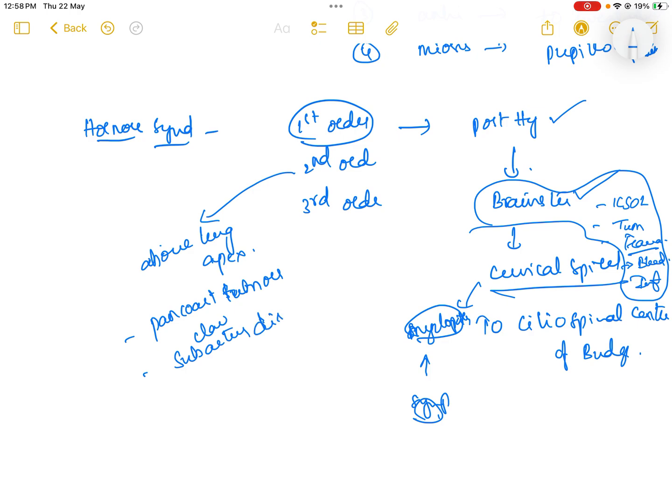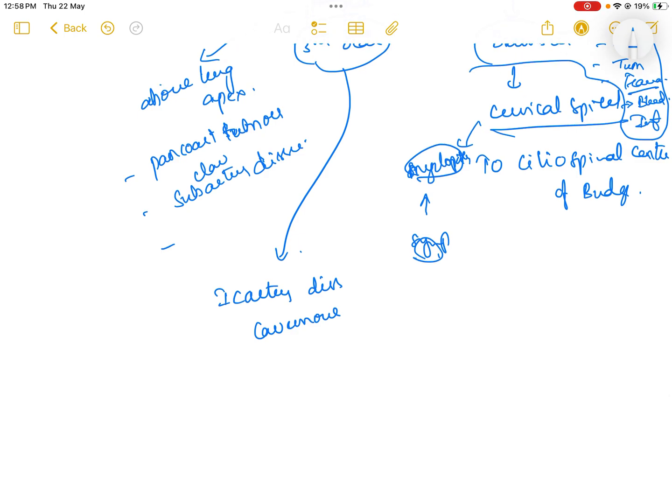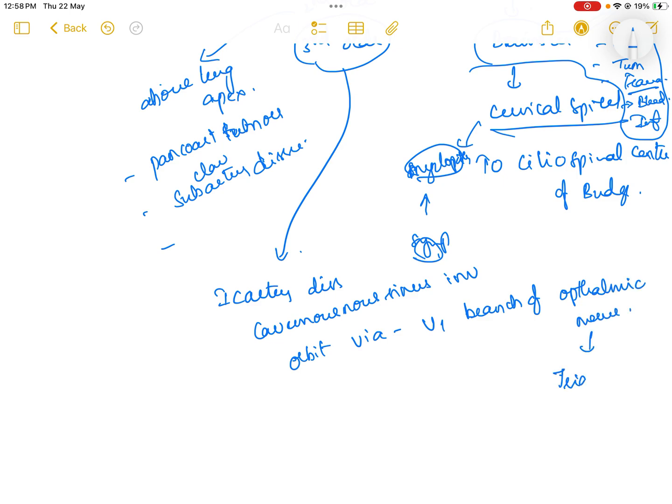And third order neurons are involved when there is internal carotid artery dissection, cavernous sinus involvement, because they travel surrounding the internal carotid artery through the cavernous sinus. They go to the orbit via V1 branch of ophthalmic nerve. That is branch of trigeminal nerve.